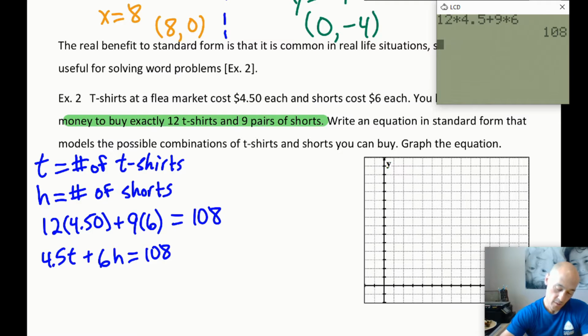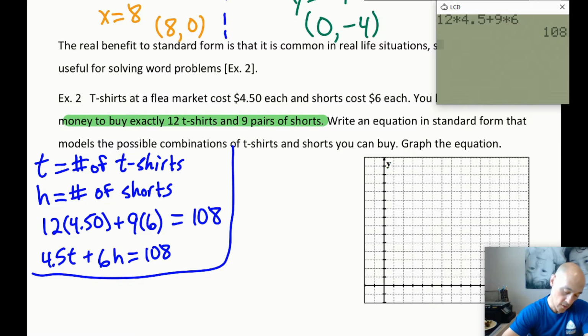Now I'm going to solve for T and H by plugging in 0 for each. So I'm going to solve for H first by plugging in 0 for T. So 4.5 times 0 plus 6H equals 108.